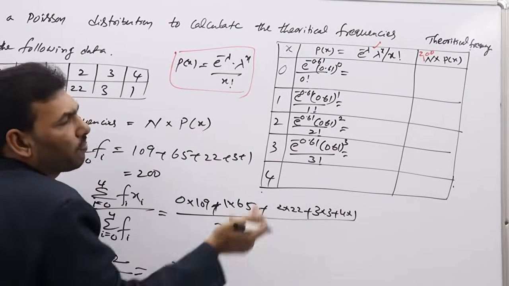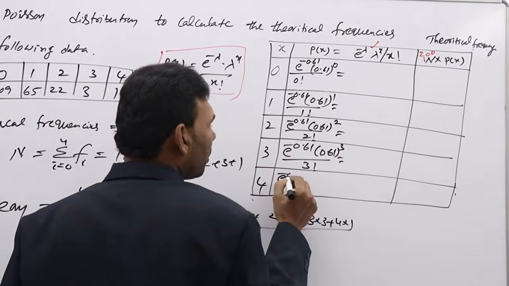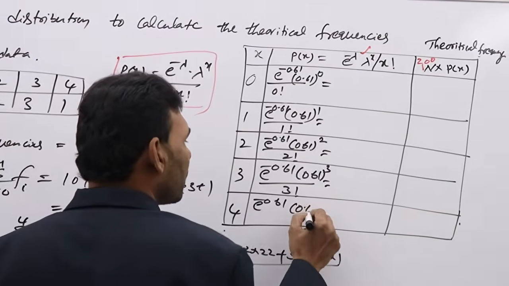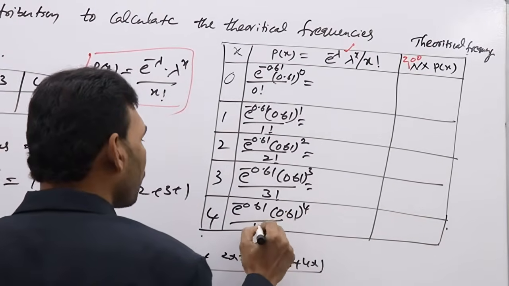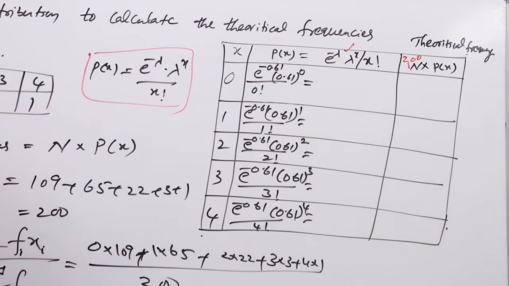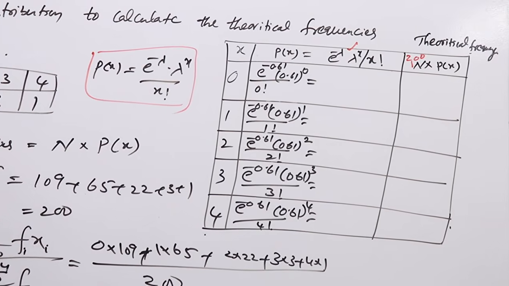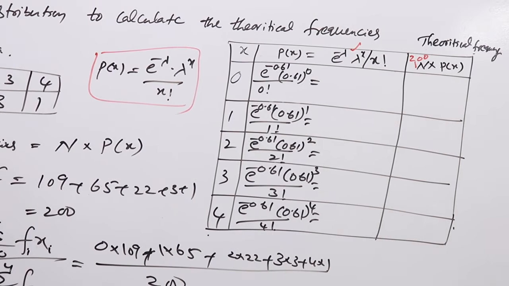Using this formula, for 4, e power minus 0.61, 0.61 whole power 4 by 4 factorial value. Like this we need to calculate all the values using calculator. Simply type those values in your calculator, you will get the answers.